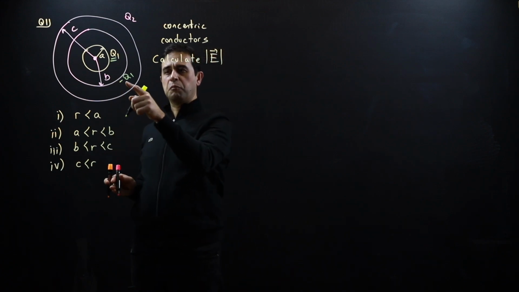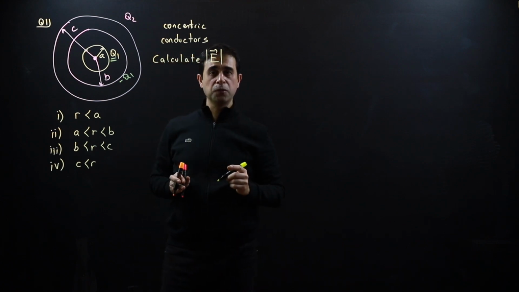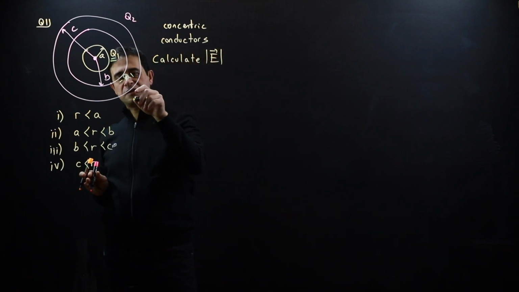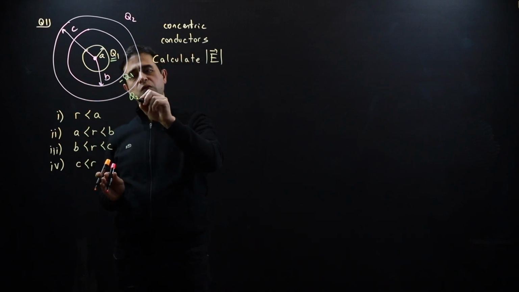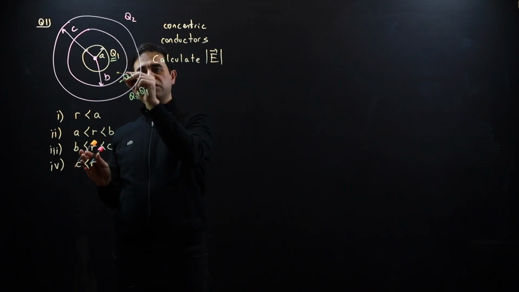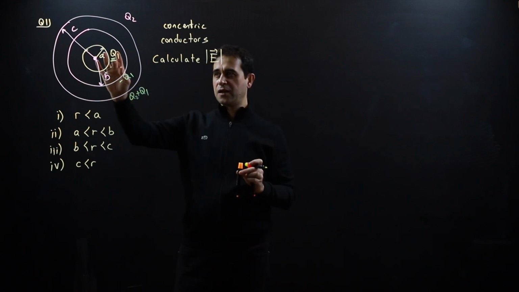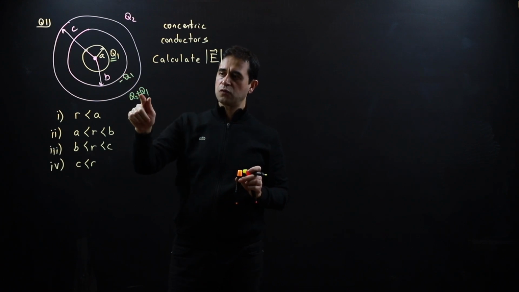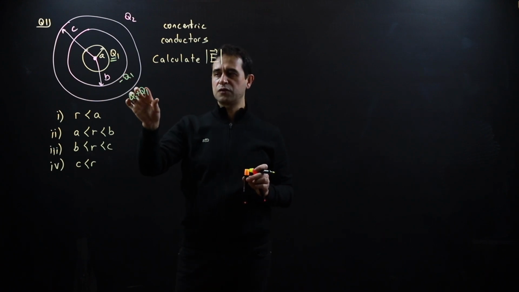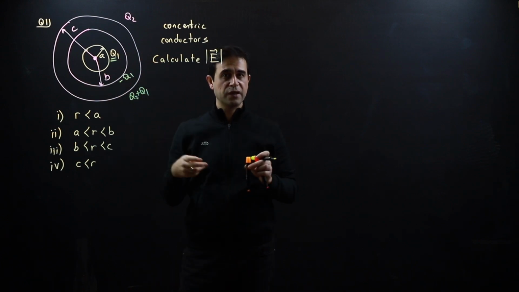Since the total charge of the whole spherical shell is Q2, the total charge on the outer spherical surface is going to be Q2 plus Q1, so that when you add them up, you get Q2. Let me repeat: Q1 attracts an equal amount of opposite charge, minus Q1. Because these negative charges go here, you will have a net plus Q1 remaining on the outer surface as well as Q2, since the total charge of the shell is Q2.